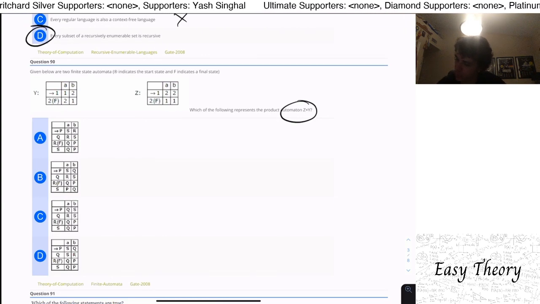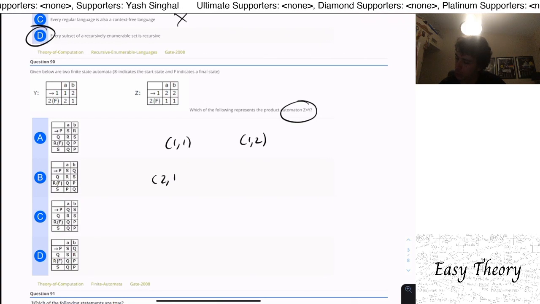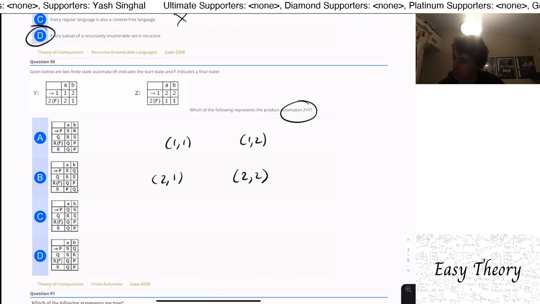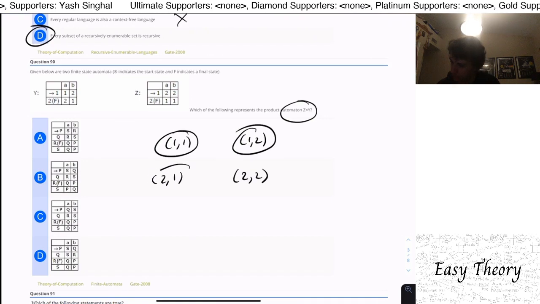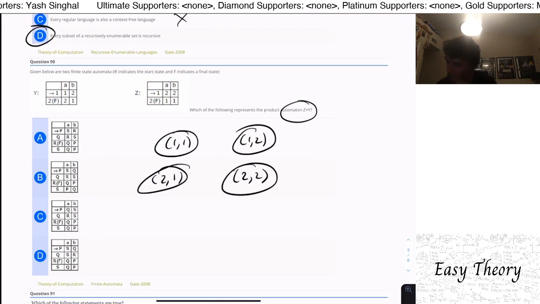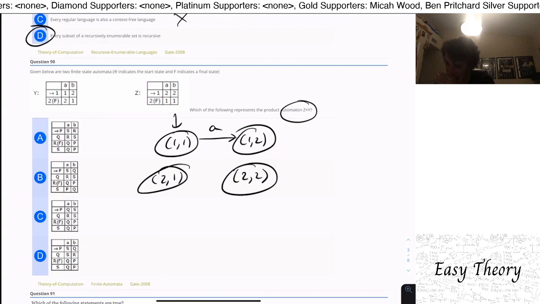So we have four states: 1, 1, 1, 2, 2, 1, 2, 2, where this is the start state. A takes us to the 1 row and 2, so 1, 2. B takes us to 2, 2, I think.